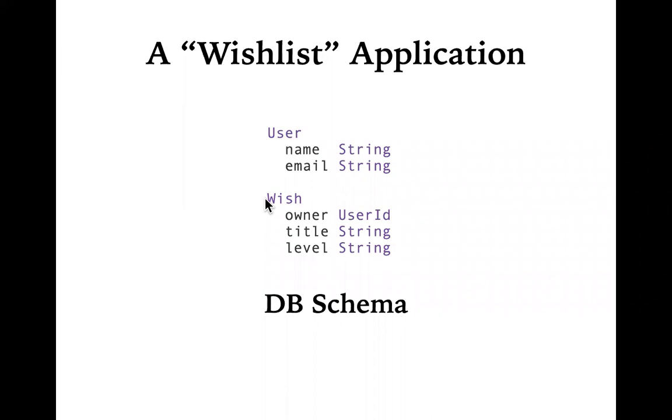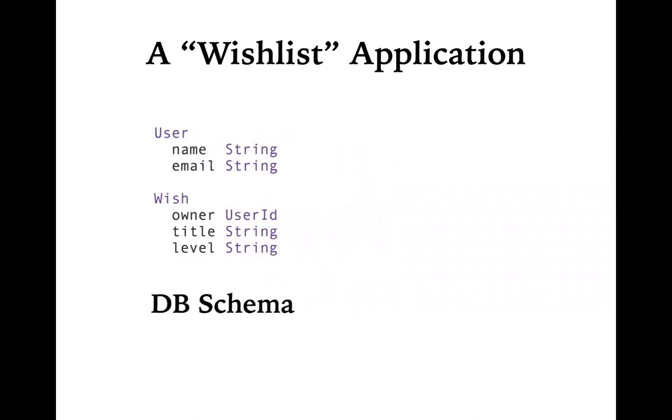Then there's a separate table called wish, and the wishes comprise the owner, who is the person who owns that wish, a title, some description of that particular wish, such as the Godzilla movie or the karaoke machine, and a level. This level is the security level, so we'll just say it's a string, using public or private to denote whether or not the wish is supposed to be private.